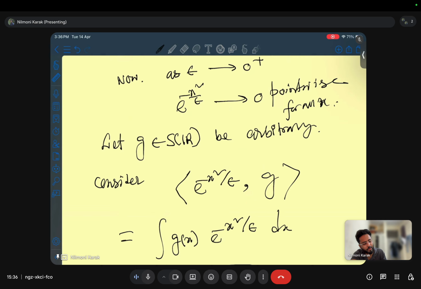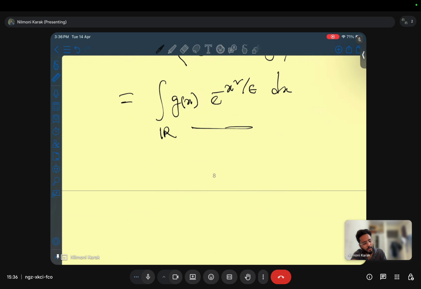So this is pointwise going to 0, and this is the total f_n(x) e to the power minus x square by epsilon, which is bounded by modulus g(x).